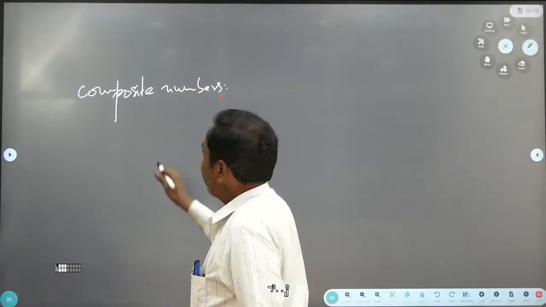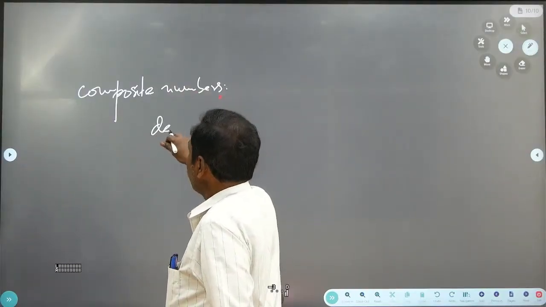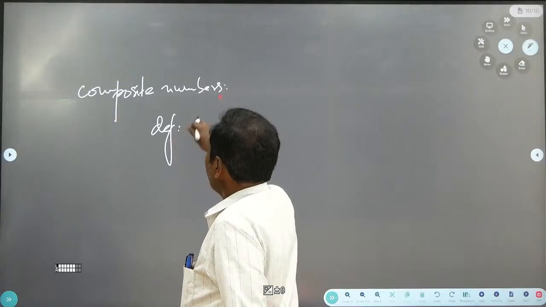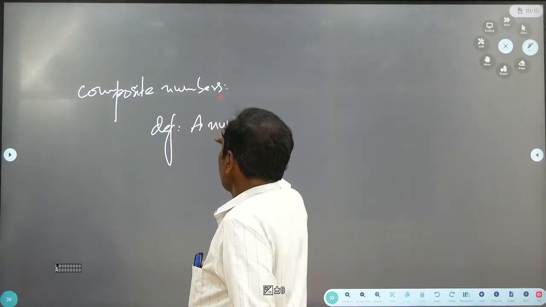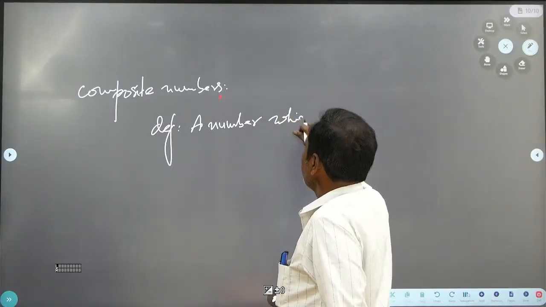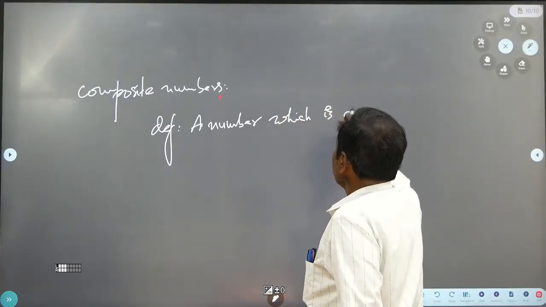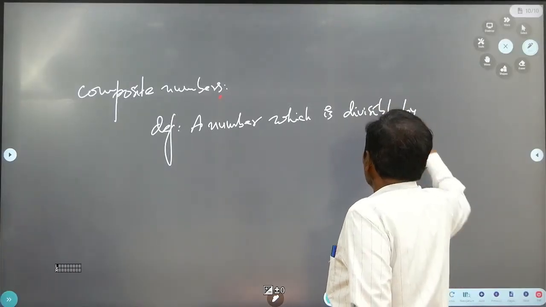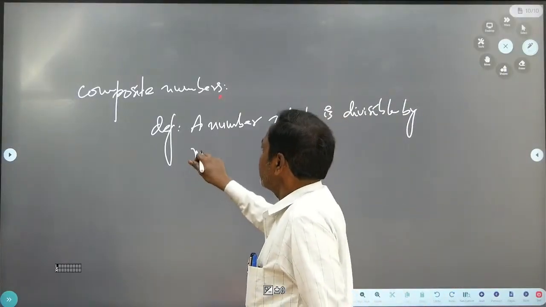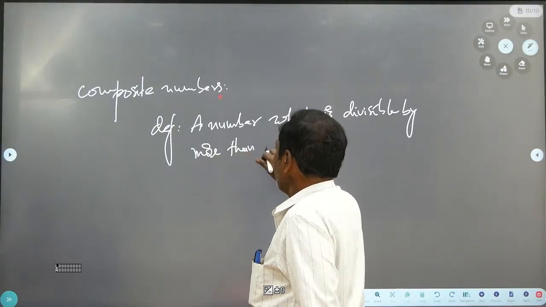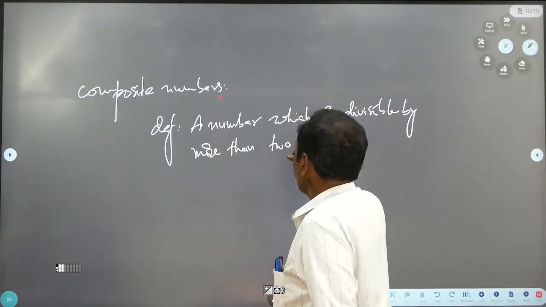So, the composite number definition is: a number which is divisible by more than 2 factors.